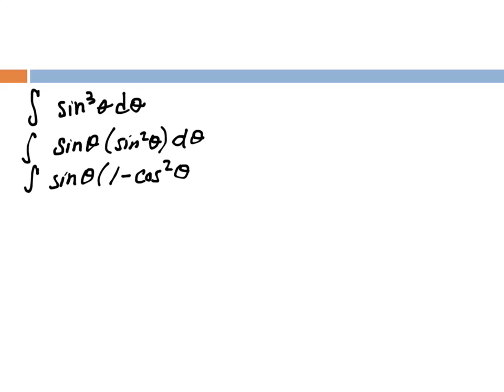You're thinking about a double angle, but we don't have a double angle, we have a squared. I'm just using the Pythagorean identity. There are some double angle identities that you can use, but this one's not a double angle.